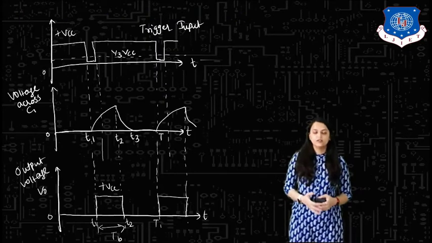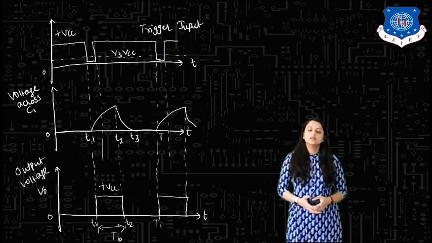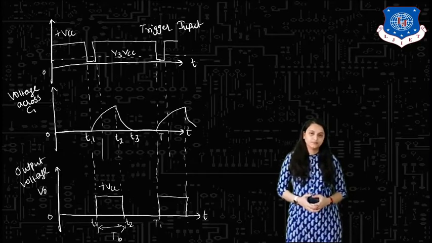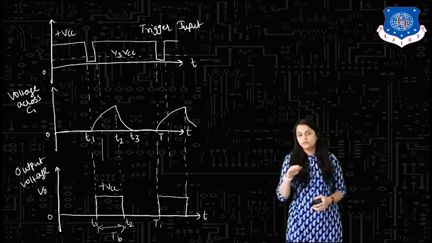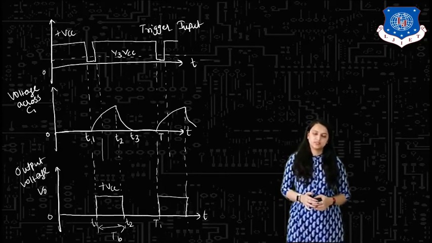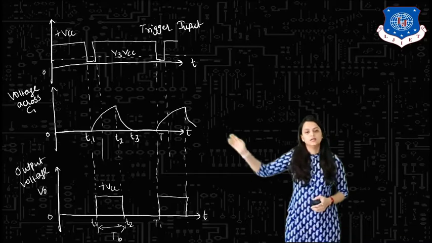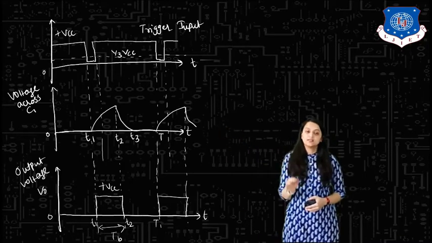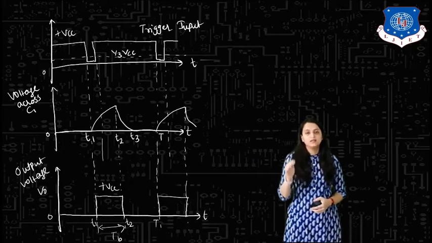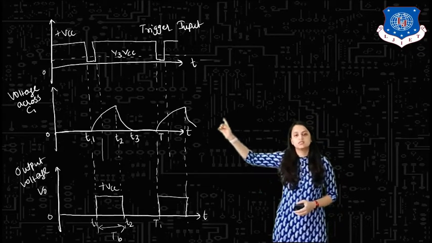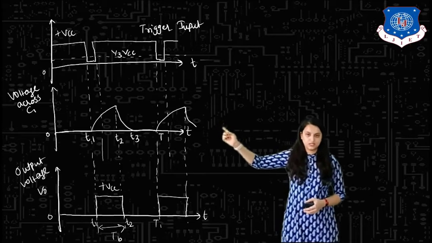Now let us see the waveform for this. Here the trigger input is indicated having the voltage reference value 1 by 3 VCC and the maximum voltage plus VCC. Here in this diagram, voltage across C1 is indicated as the capacitor charges and discharges, that is done exponentially. So this is the waveform for capacitor charging and discharging.